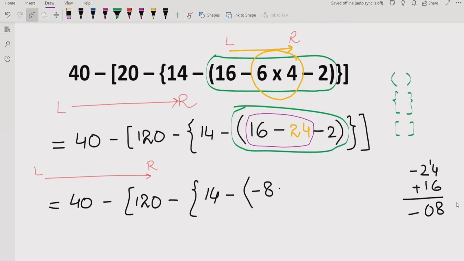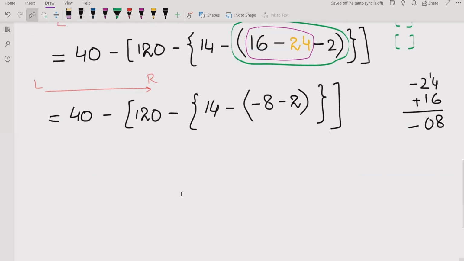Minus 8 minus 2, this one. And again we write the curly bracket and square bracket. Going left to right again, we solve this part first.